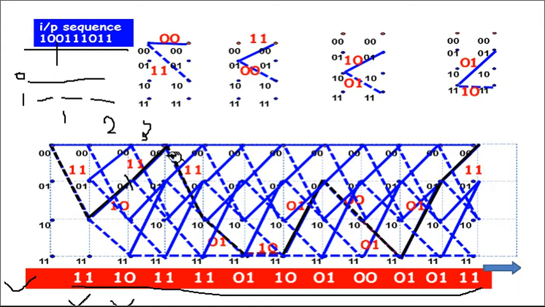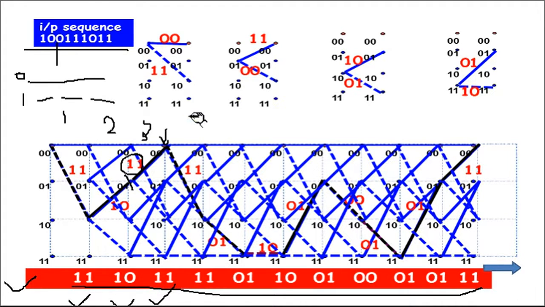With respect to this line, if we analyze 0 1, when the input is 0, the next state is 0 0, that's why it is directed over here, and the output bits are 1 1. The same output bits mentioned in red are written over here for the third instant. So at the end of the third instant, at this particular point, we will have the output bits 1 1 1 0 1 1.